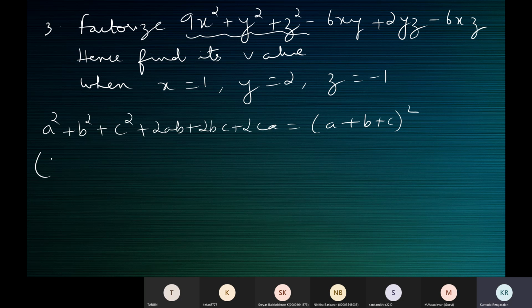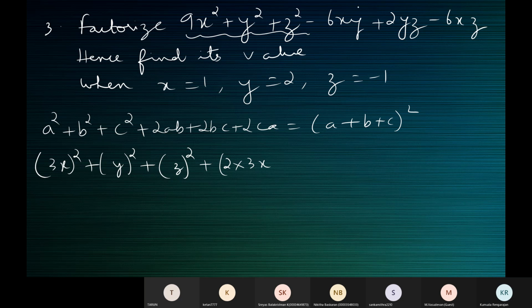So A square, 3x the whole square, B square, y the whole square, C square, z the whole square, plus 2AB, plus 2 into A, which is 3x. Now, before that, you can see that the terms minus 6xy and minus 6xz, where x is common, have a minus sign.